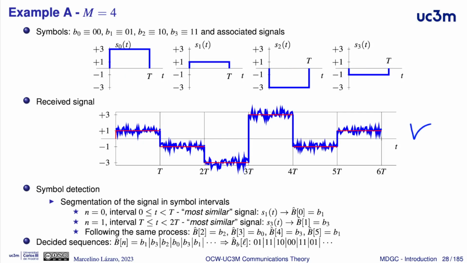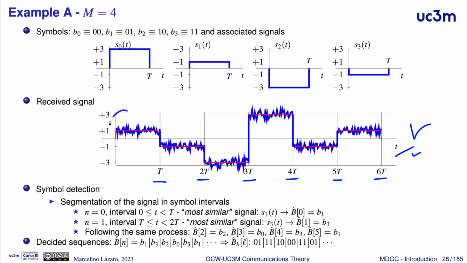If this is the received signal, the time is split in symbol intervals, in intervals of duration the symbol duration time, capital T. Then each piece of this signal, the piece that is in the different symbol intervals, will be processed independently to recover every symbol.